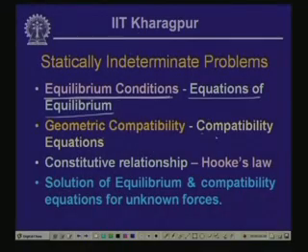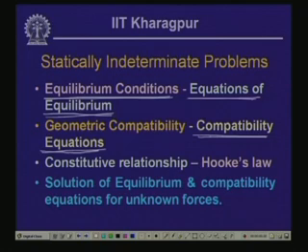Secondly, the geometric compatibility has to be satisfied if we get more unknowns than the number of equilibrium equations available. These are known as compatibility conditions, or compatibility equations, which give us additional information based on which we can solve for the unknown forces.